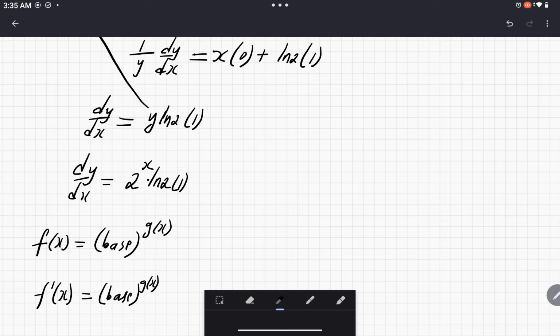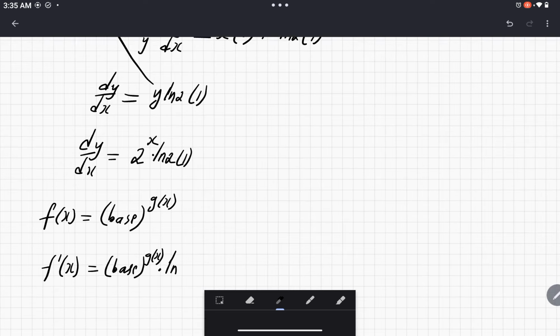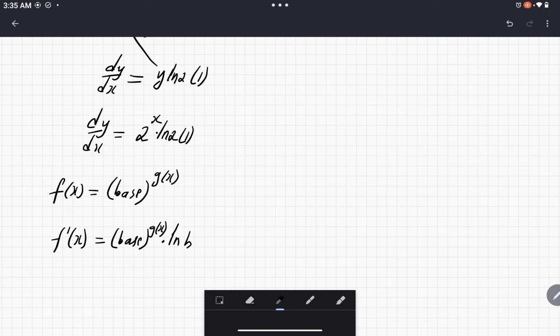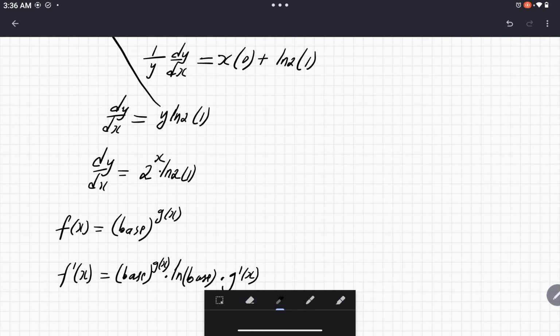That is, the base is 2 here, and the power g of x is x here. This will be multiplied by the ln of the base, and just the ln of the base, now multiplied by the derivative of the power.